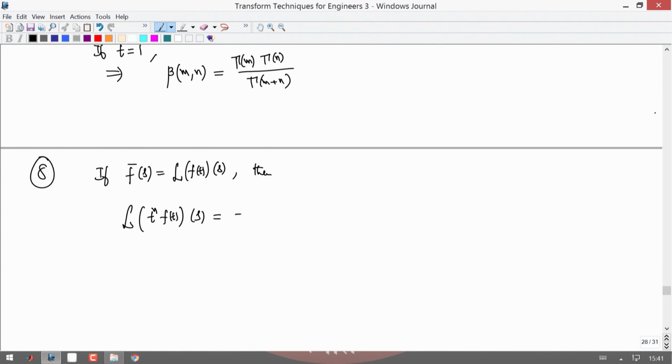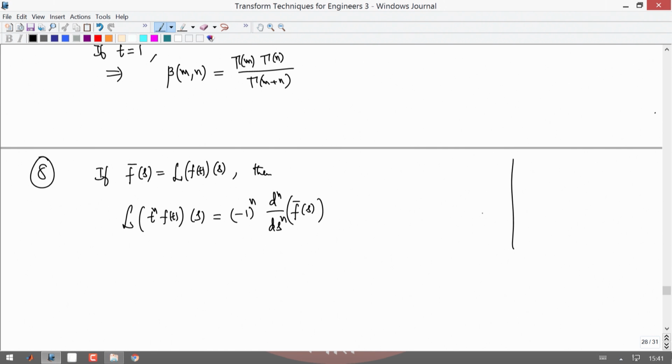This is actually minus 1 power n times the nth derivative with respect to s, if you differentiate the Laplace transform.